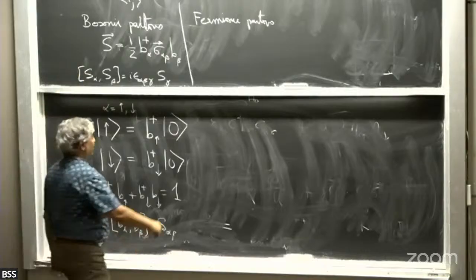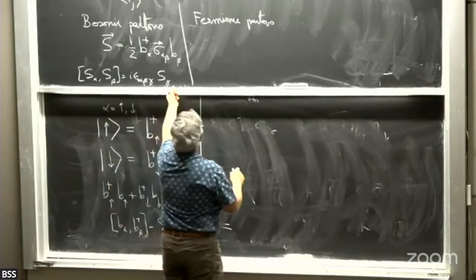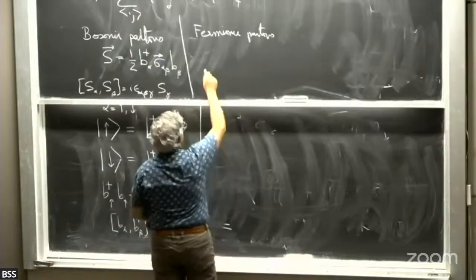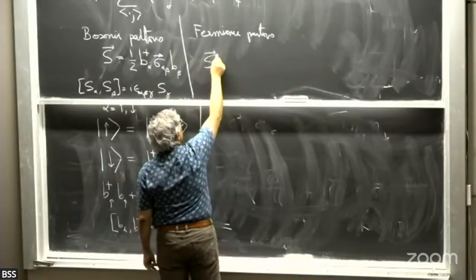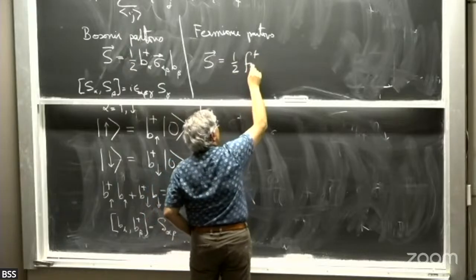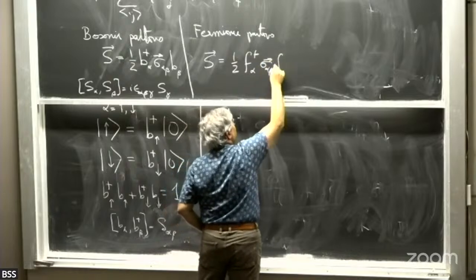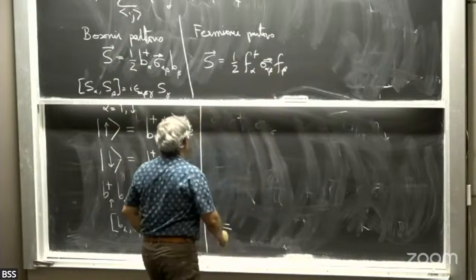Now, exactly the same thing can also be done with fermions. You introduce two fermions on each side. The Pauli exclusion principle helps you a little bit. And then you do the same thing.